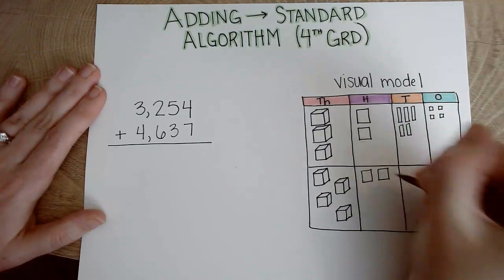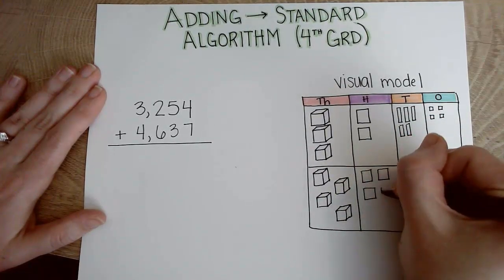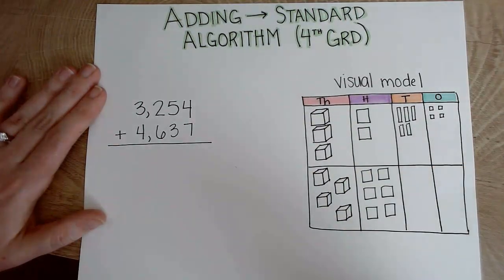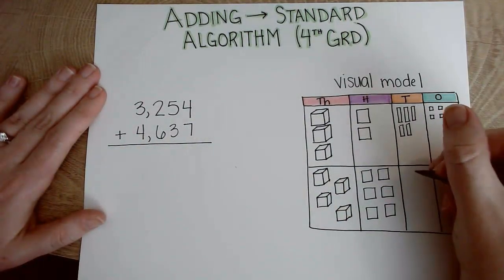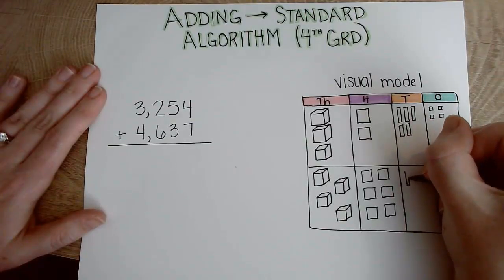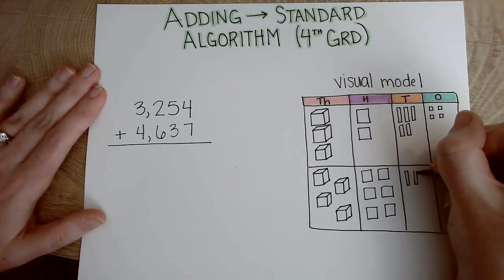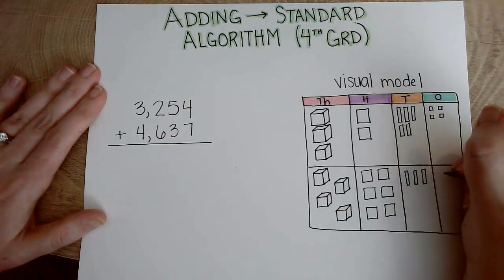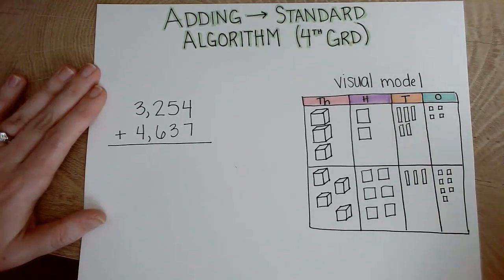So there's 100, 200, 300, 400, 500, and 600. 3 tens, which is going to be the same thing as 30. 10, 20, 30, and 7 ones. 1, 2, 3, 4, 5, 6, and 7.